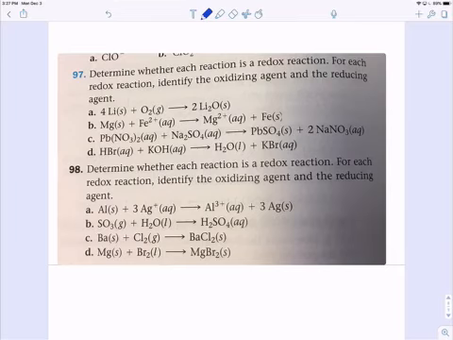Gaining an electron is reduced. The species that's oxidized is delivering the electron, so it's the reducing agent.